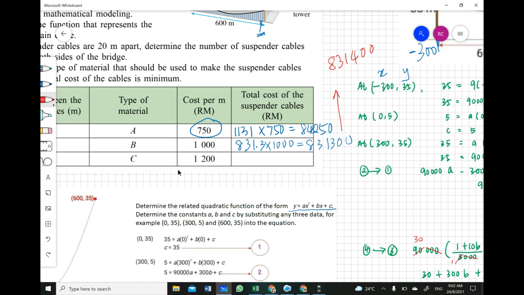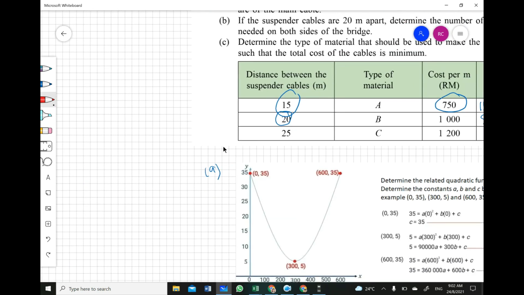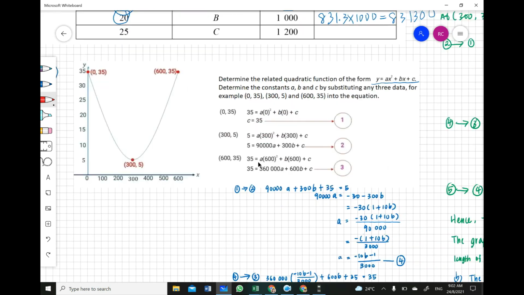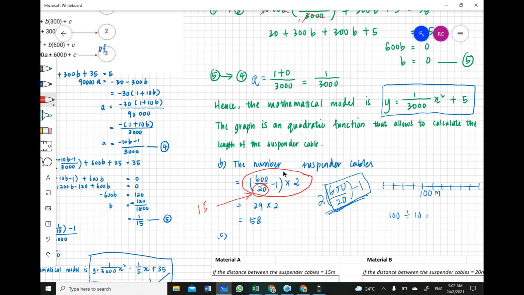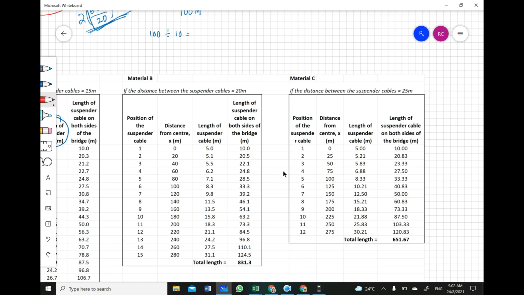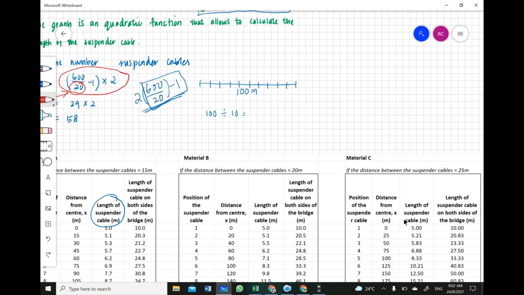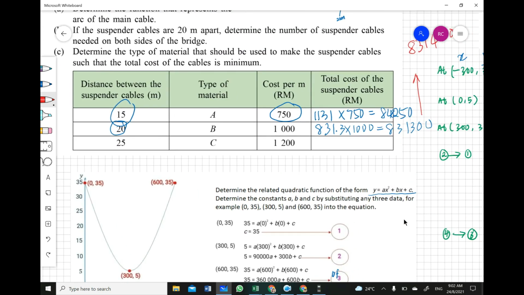And then for the next one, this one, for the distance between cable of 25, just now I showed it to you already. The answer is actually, let's see the length again. The length that we have is this one, 651.67. So over here, we have to go back to this part.